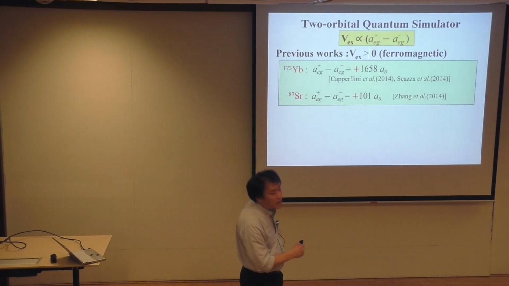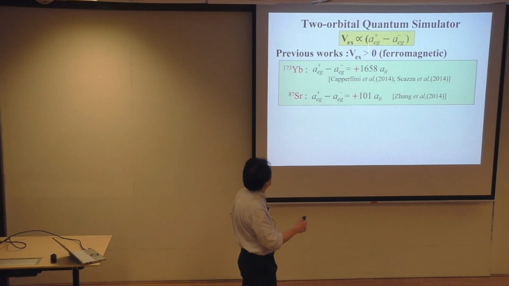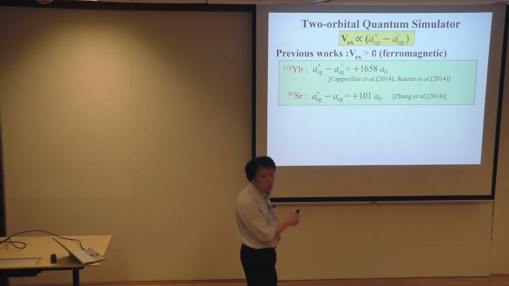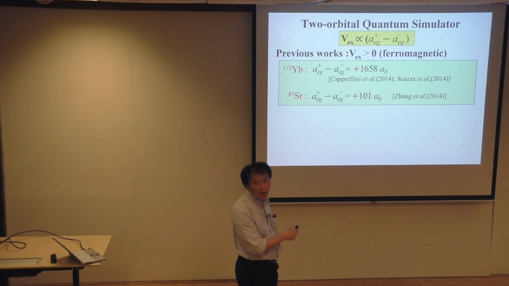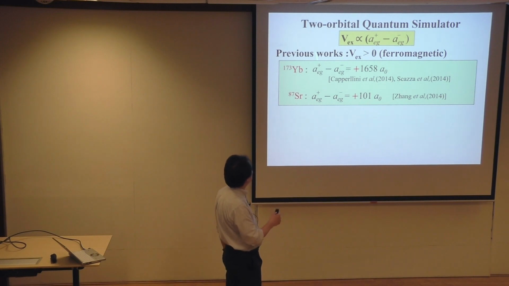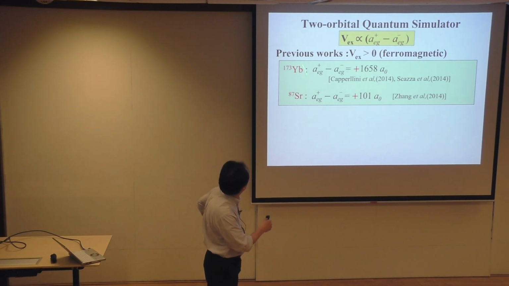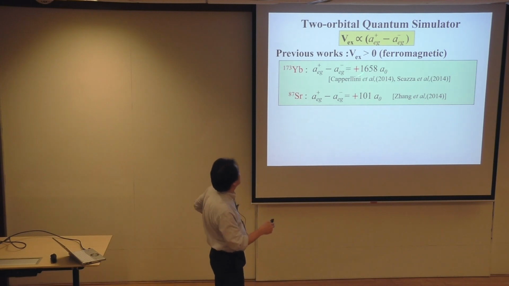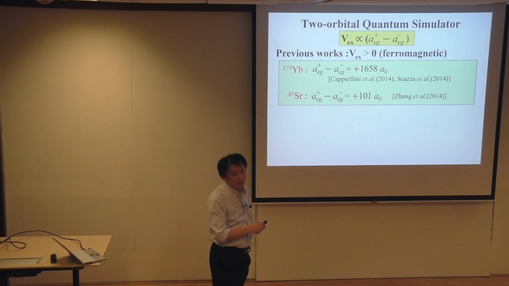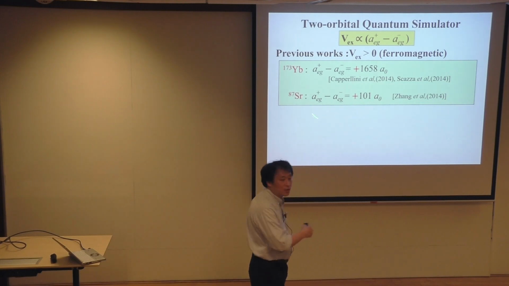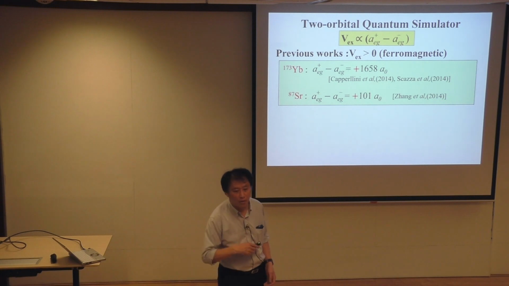This spin exchange interaction is proportional to the difference of the scattering lengths for the 2 different collision channels, eg plus and eg minus. It was measured for 2 atomic species, ytterbium-173 and strontium-87, and these are found to be ferromagnetic. So it is not straightforward to apply these atomic species to the study of the Kondo effect.